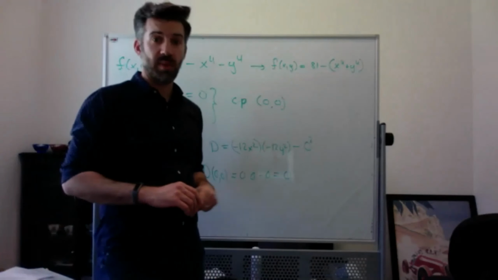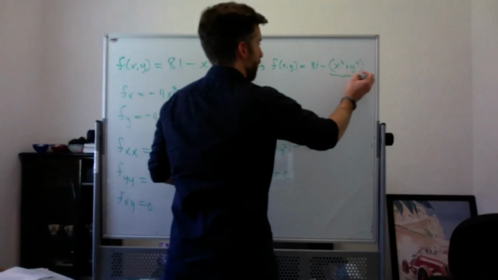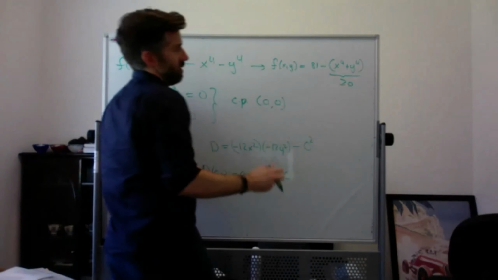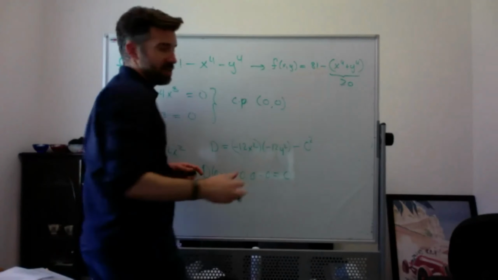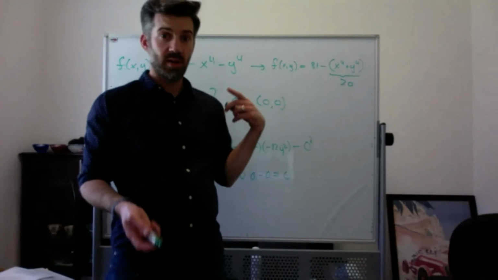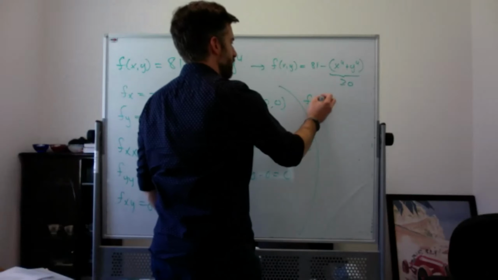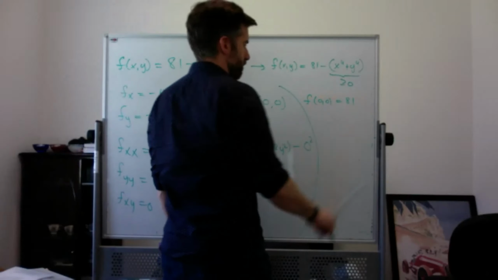This thing here is always positive. Meaning, if this is always positive, the 81 minus this, well, when x and y are 0, you're going to get 81, right? F of (0, 0) is 81.